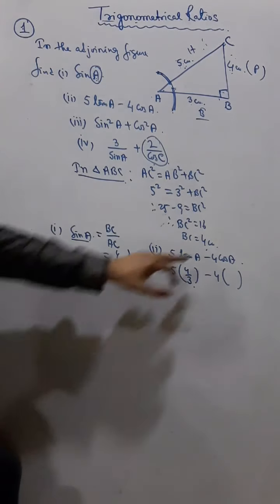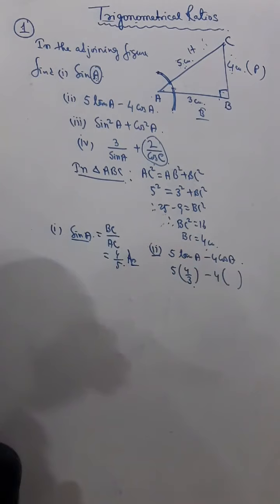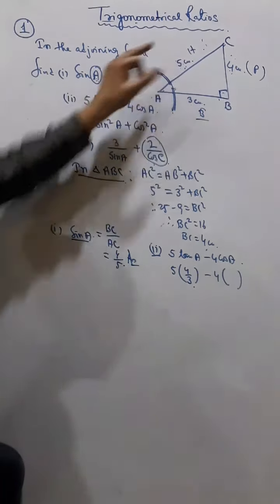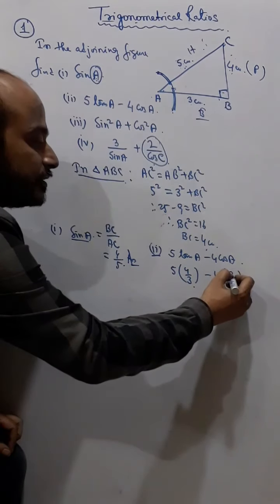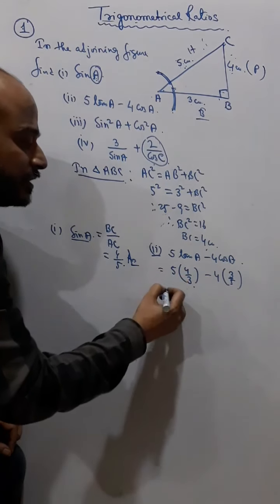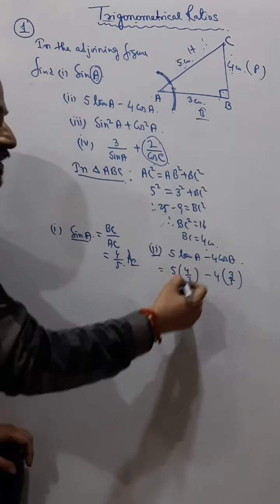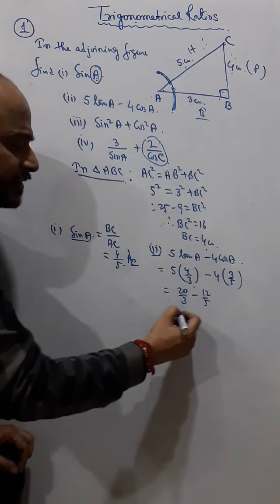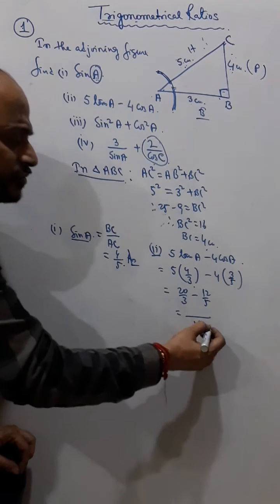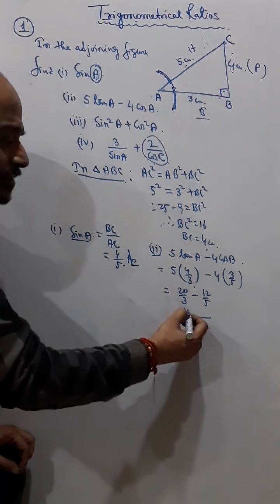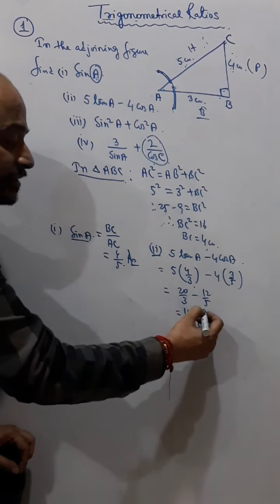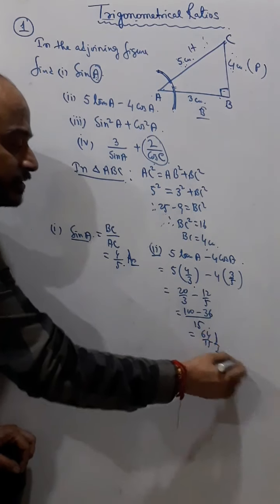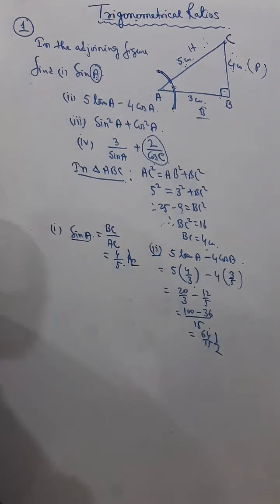And similarly 4 cos A. Cos means base by hypotenuse, so that is 3 by 5. Now we'll simplify this. So we get 20 by 3 minus 12 by 5, and then we'll get the LCM, so you get 100 minus 36, so you get 64 by 15. Okay, understand?